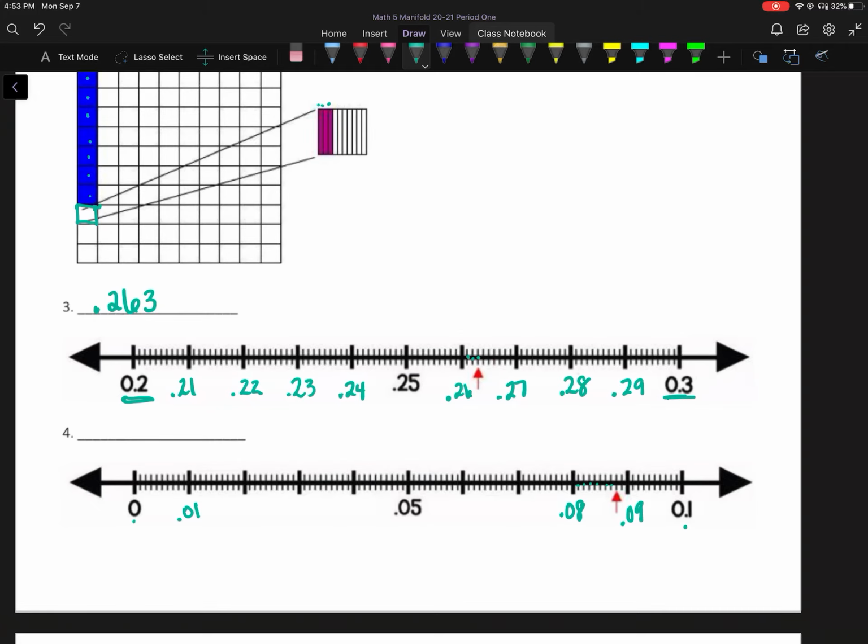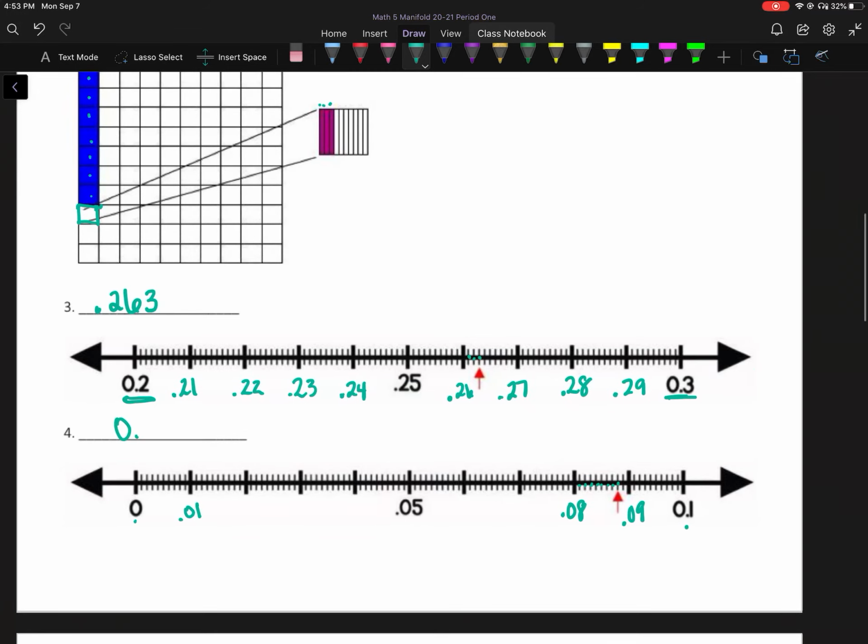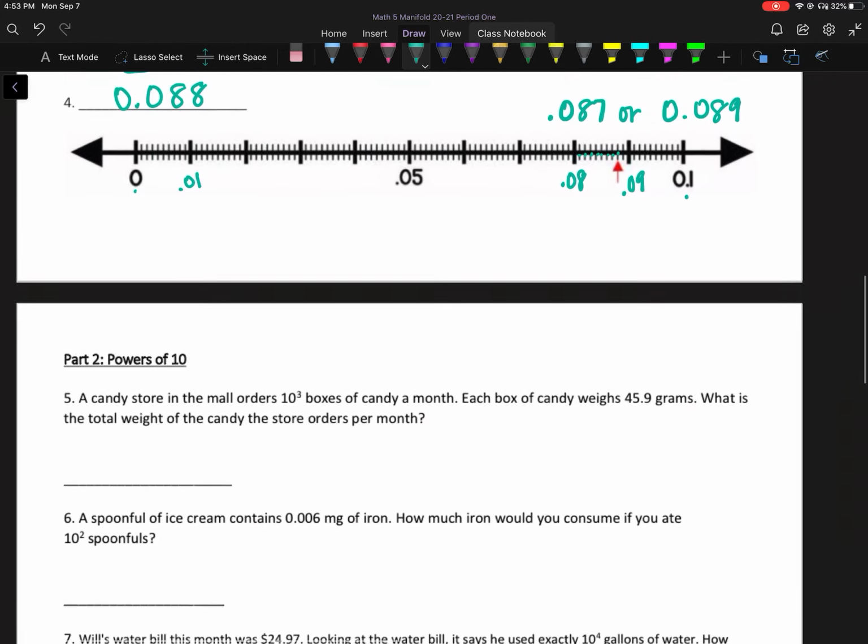Oh, I counted off. 1, 2, 3, 5, 6, 7, 8. So then this would be 88 hundredths. If you did happen to answer with 87 hundredths or 89 hundredths, I did count those as correct because this was difficult to see.